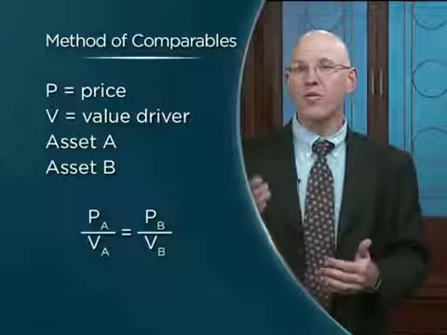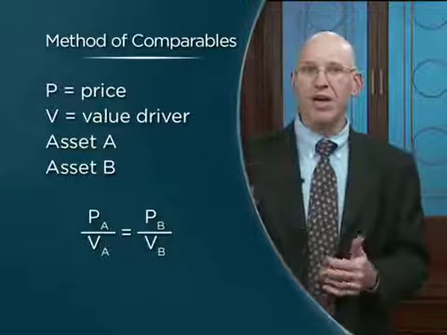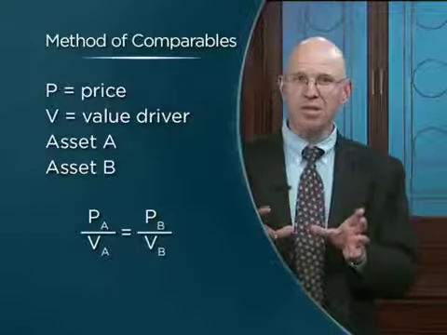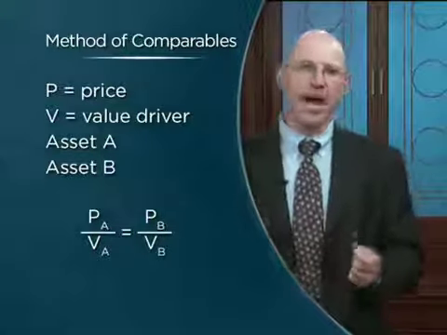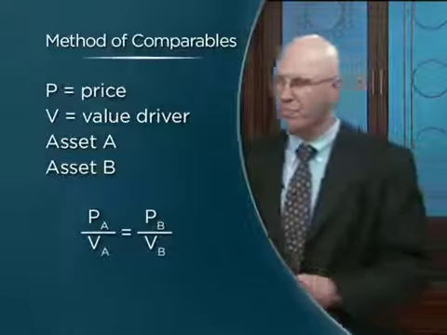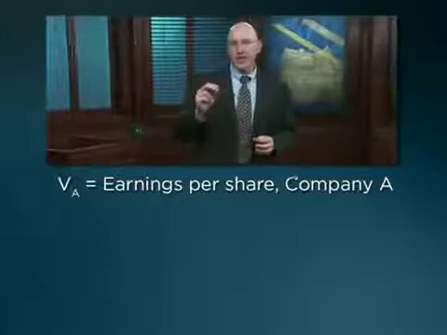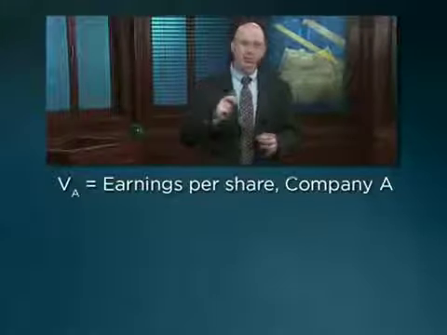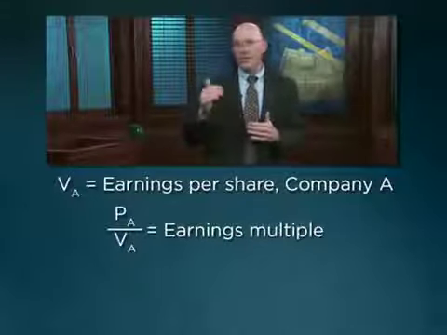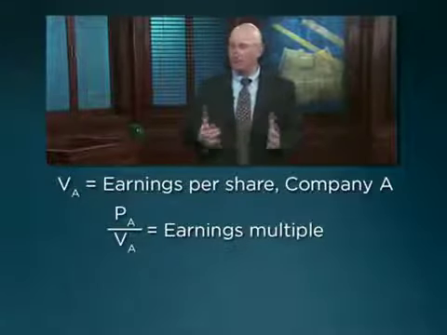We use the ratio of one asset's price to its value driver, which we call a valuation multiple, to estimate the prices of other assets. For example, if we were using the price to earnings ratio, then V of A would be the earnings per share for company A, and P of A over V of A would be called the earnings multiple.